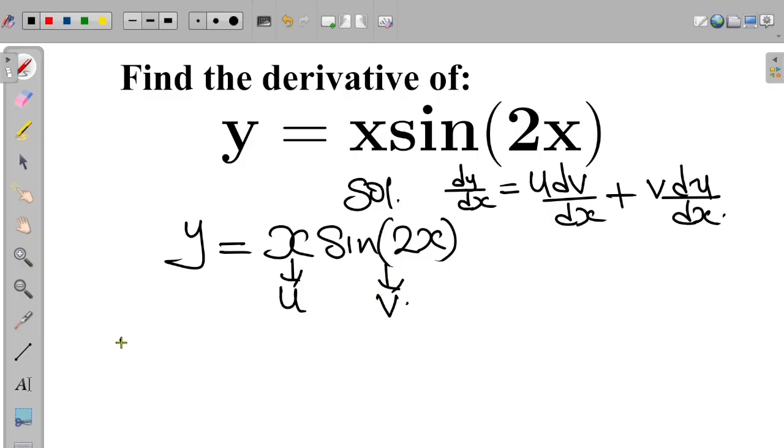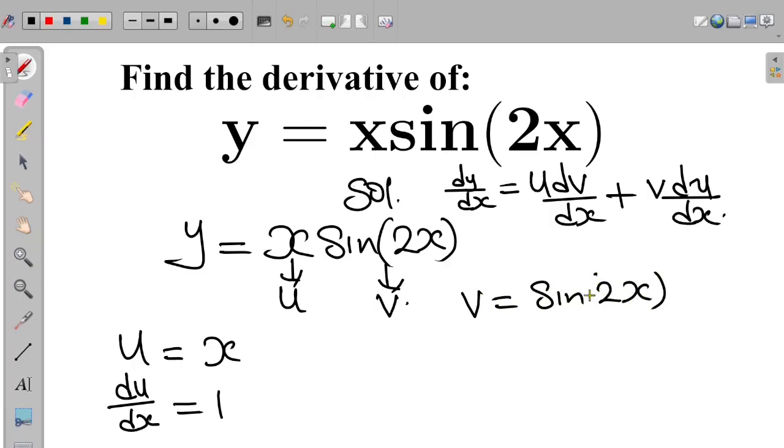So therefore, we have that u is equal to x. And if we differentiate u with respect to x, we have that du over dx is equal to 1.